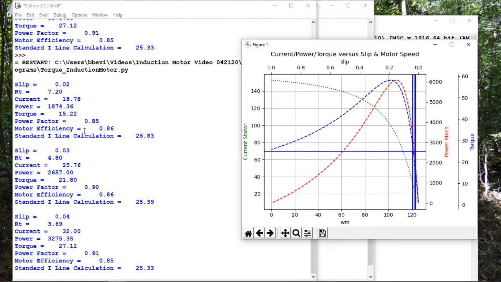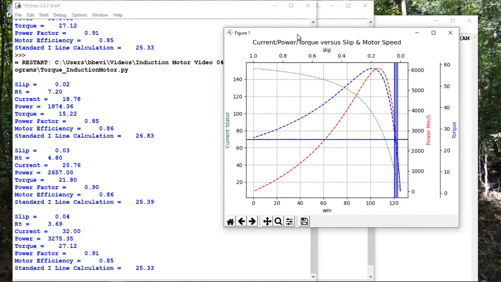I have those calculations down here. Those are standard calculations for figuring out what the full load current would be. So let's see how they match up with what we've done with our calculations here.